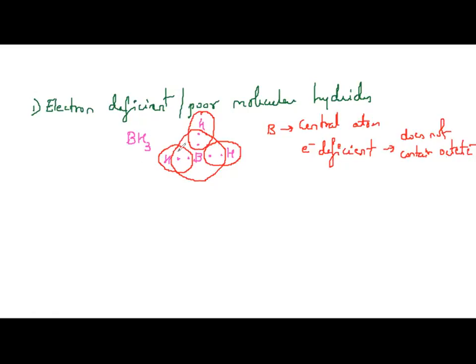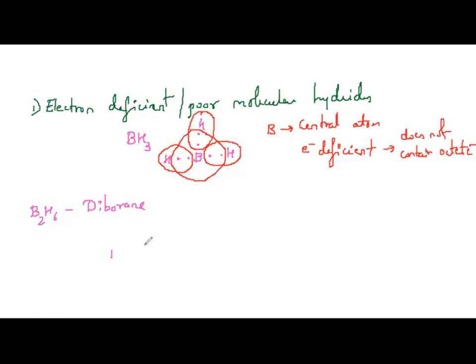One more example, the best example I can quote here, is B2H6. B2H6 is called diborane. If you look at the structure of B2H6, this is an electron deficient molecule. It does not have 8 electrons on the central atom.